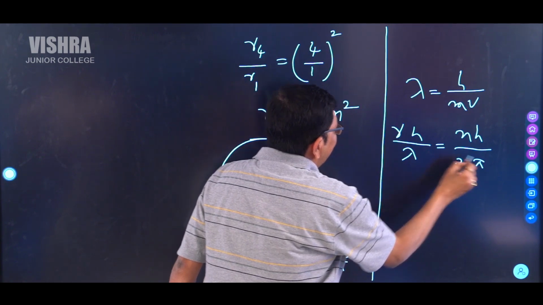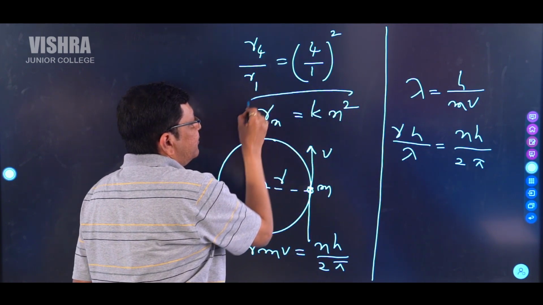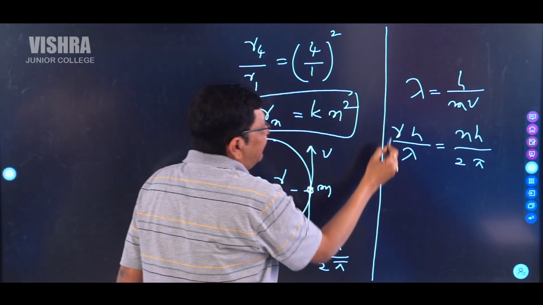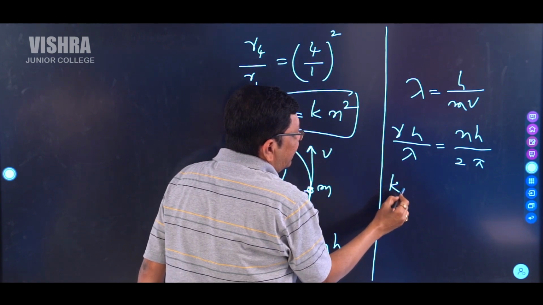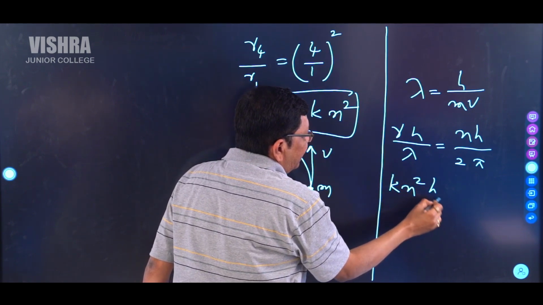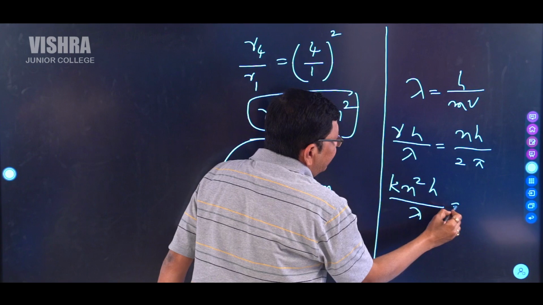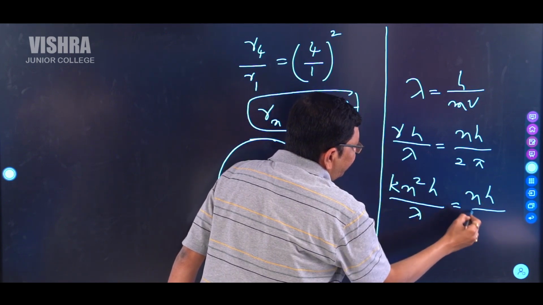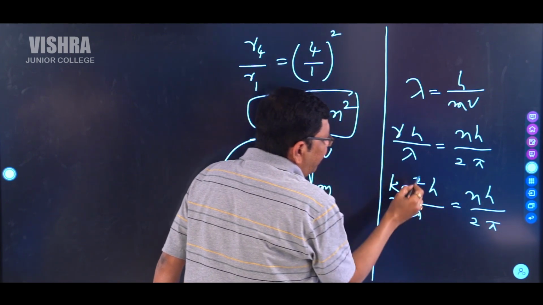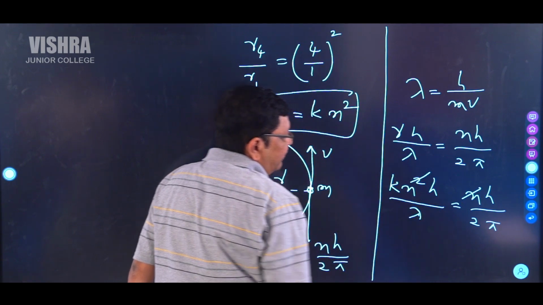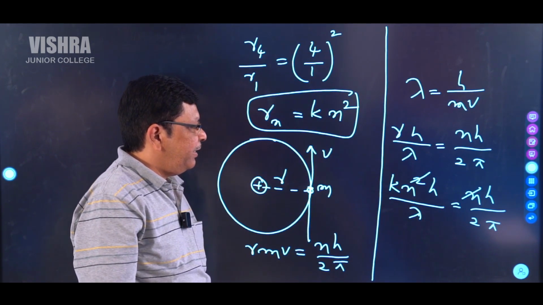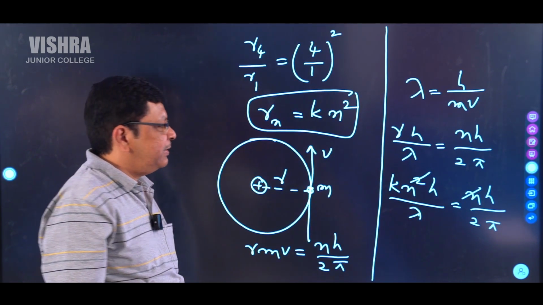Here you see radius is proportional to n square. From this given data, I can write radius as some constant k into n square multiplied by h by lambda. This is equal to nh by 2 pi. One n we can cancel, except lambda and n remaining all are constants here.